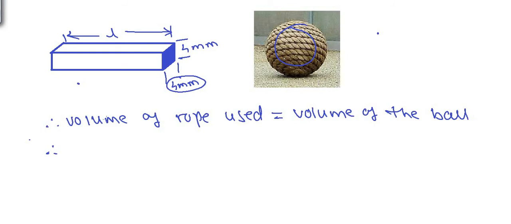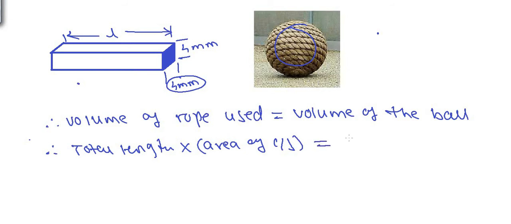Now the rope being in square cross section form, we can write down the volume of rope is equal to total length L multiplied by area of cross section, that is equal to volume of the ball.